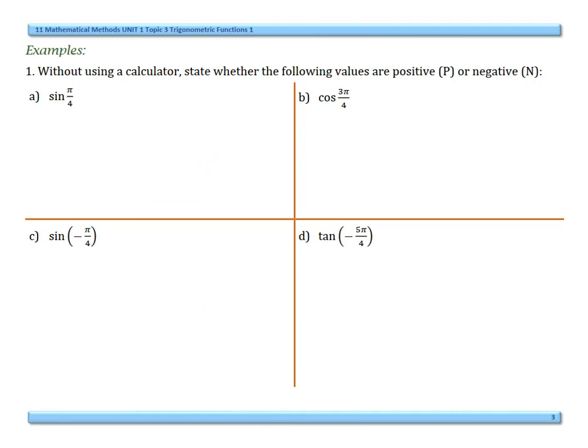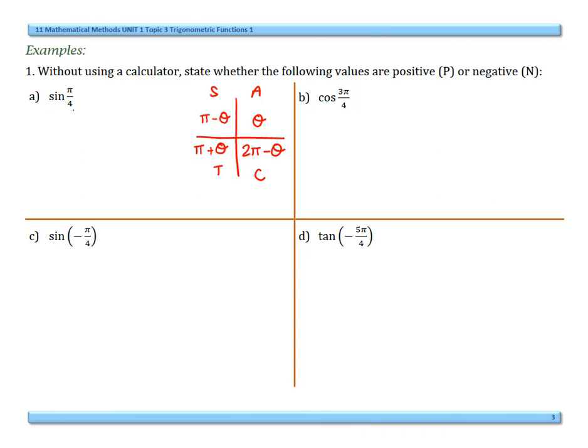So let's look at some examples using this information. First, it says, without using a calculator, state whether the following values are positive or negative. So what we're going to use here is our ASTC rule and also the theta, pi minus theta, pi plus theta, 2 pi minus theta.